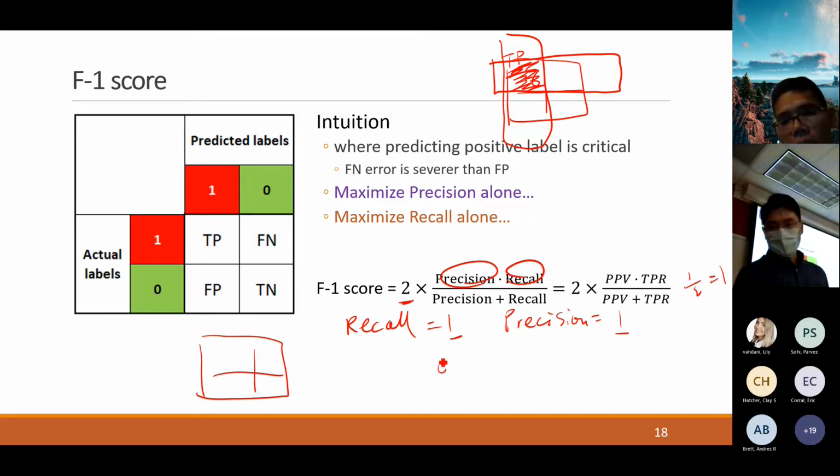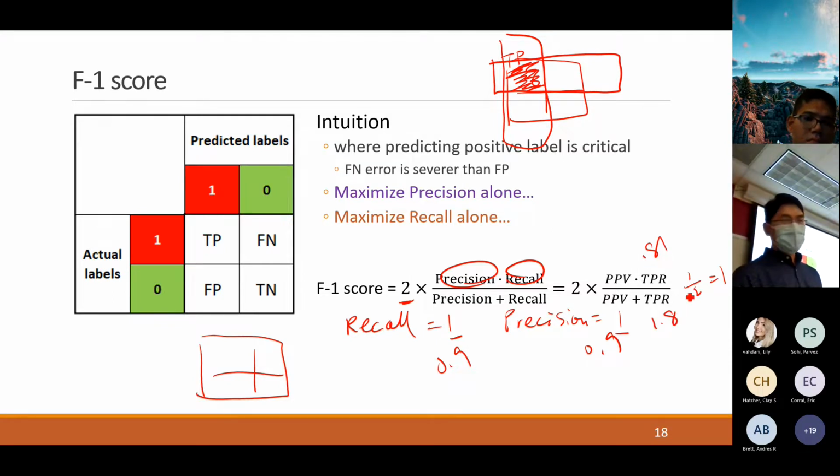Now we can take a look. If both of them are 0.9, what will be the score? We have 0.81 on the numerator, we have 1.8 on the denominator, and if we have a 2, then we can do the math.